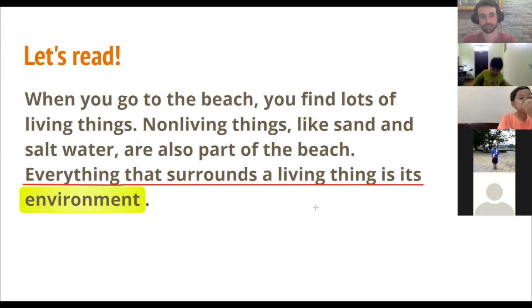For example, a home environment refers to where we live, our home. Yes, we all have our own environments. She said her home is her environment. That is correct. I'll show you some of my stuff in my environment. So environment is everything that surrounds a living thing.